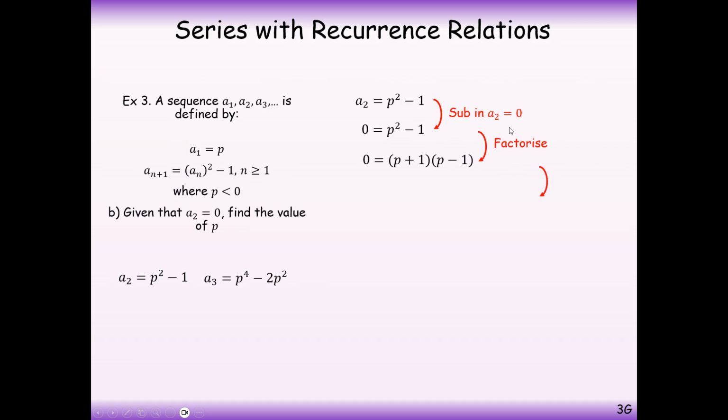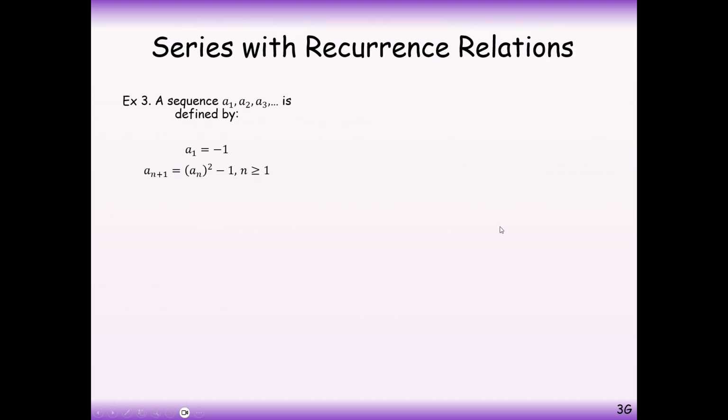Now, which value of p would you take? p can be either 1 or minus 1, but because we were told that p is negative, we are going to say p is minus 1 and discard the other answer. This factor would tell us p is 1. This factor would tell us p is minus 1. We would discard this answer.